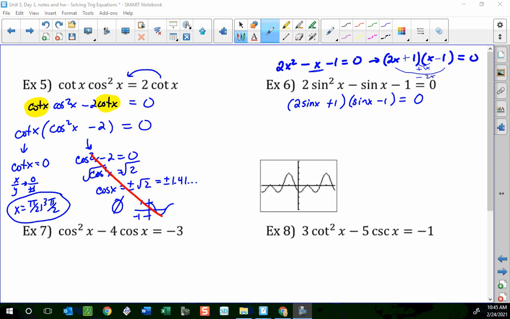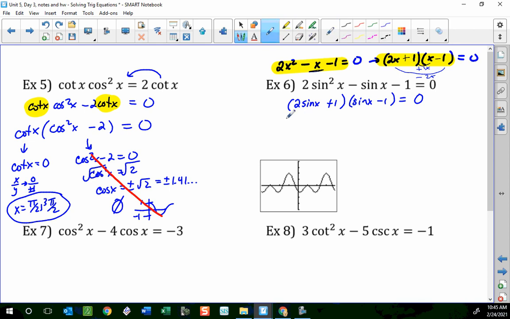So that way, if you take it back to an algebra problem that you know how to do, then it's going to be a little bit easier for you to see how to factor it, and you don't have to deal with all the sine and cosine business. You write the problem in an algebra way, and then you can know how to do it with the trig problems, right?